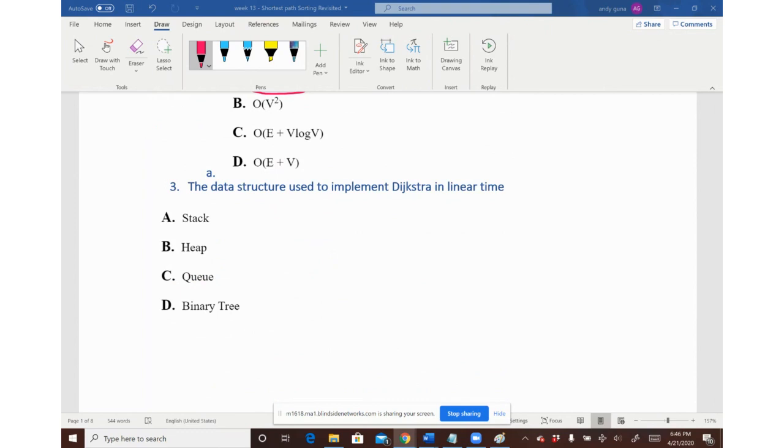Okay, so the answer is B, heap. It's important to use a heap; we don't use a stack or queue or binary tree for implementing Dijkstra's. So it's a heap.